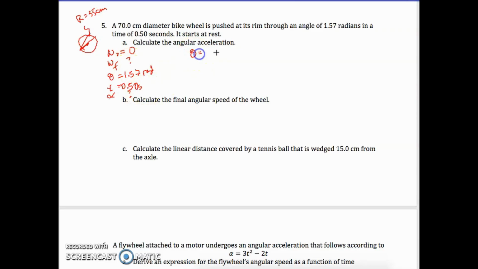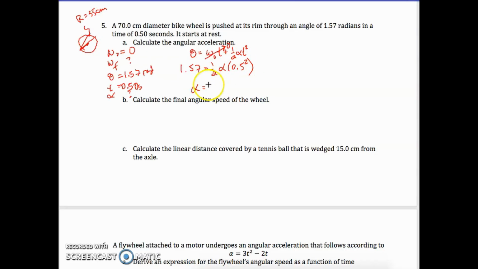So, using our kinematic equations of motion that are adjusted to be angular, we can use this one to find the acceleration, where this whole term goes to 0 because it starts from rest. And 1.57 radians equals 1/2 alpha of half a second squared, multiplying both sides by 2 and then 2 squared.